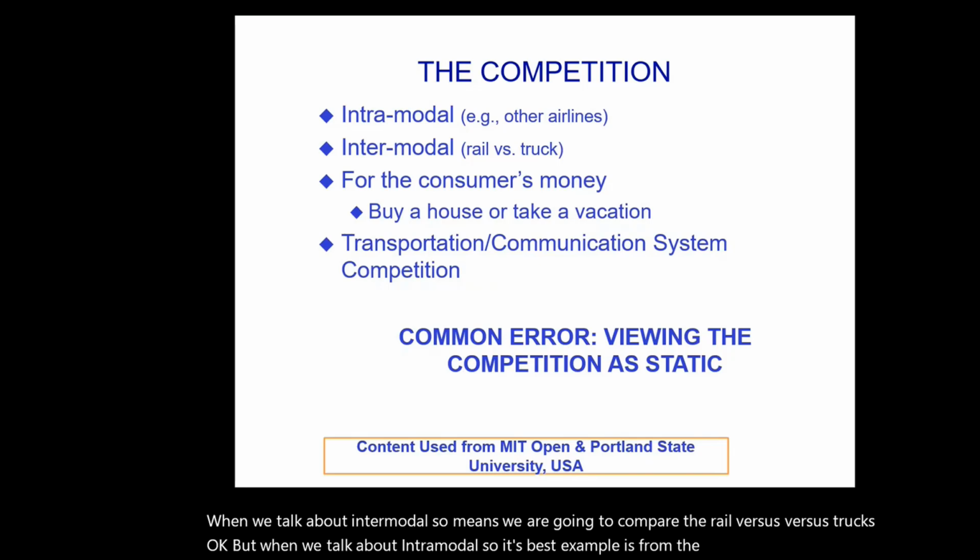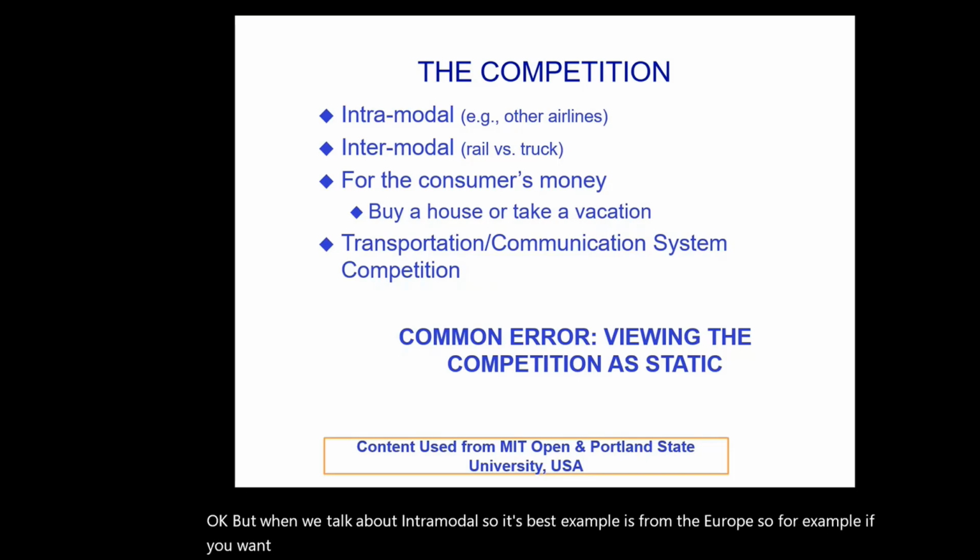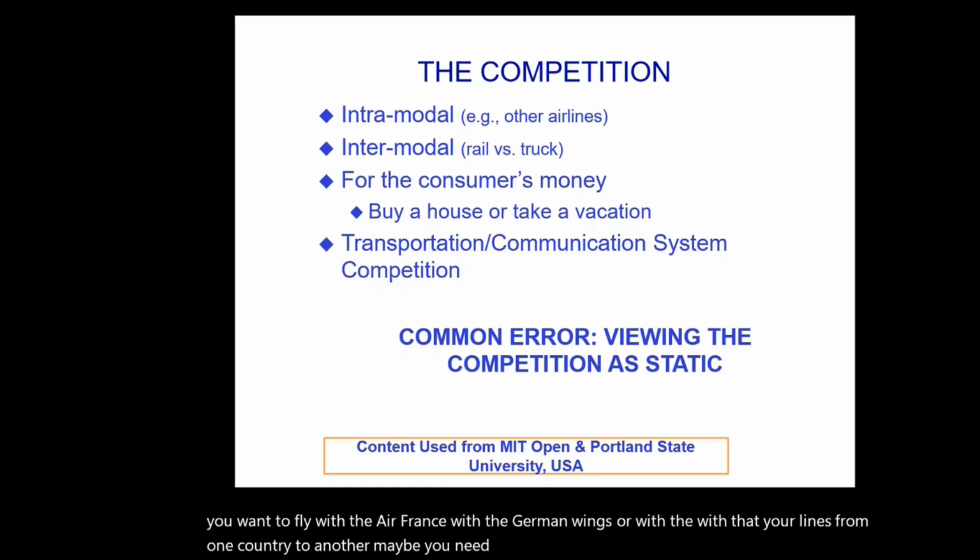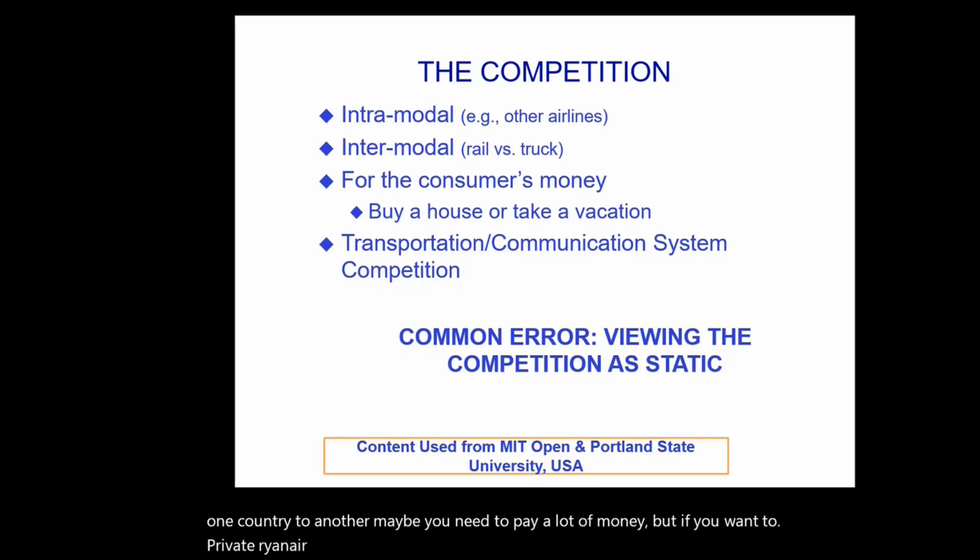For example, if you want to fly with Air France, Germanwings, or Dutch airlines from one country to another, maybe you need to pay a lot of money. But if you want to try Ryanair, they have a facility where you cannot take a huge luggage.